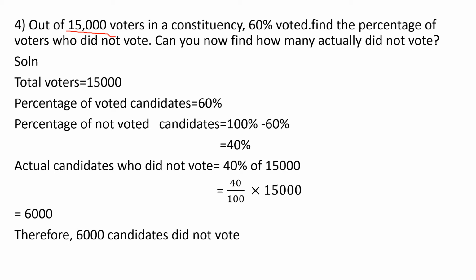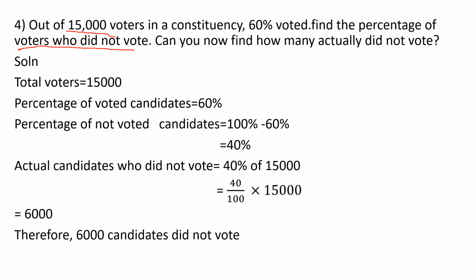Those who have voted was 60%. Find the percentage of voters who did not vote. Now find how many actually did not vote? So I'll read the question.